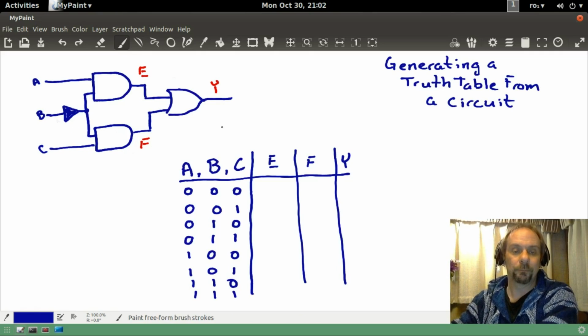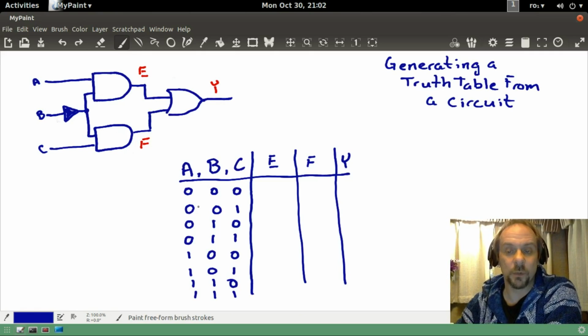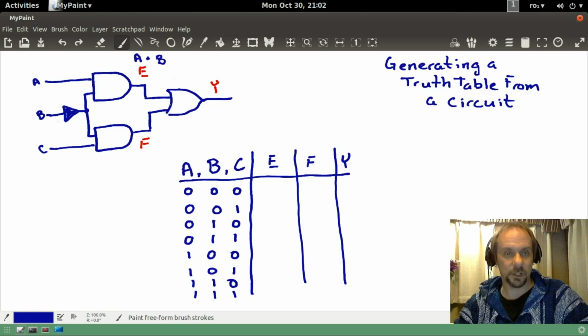So we develop our guides, and then we just simply calculate what E is. And remember that E is comprised of A and not B. So really this up here is A and not B. It's really kind of a crummy little not sign there.